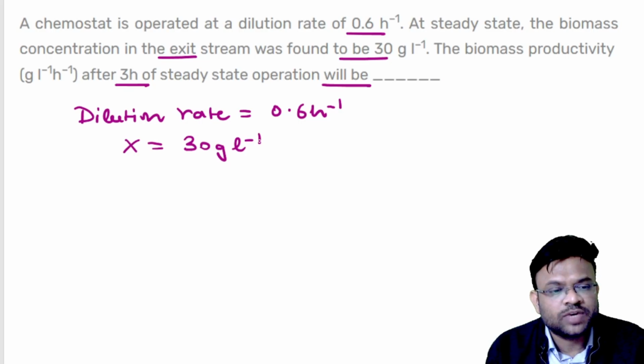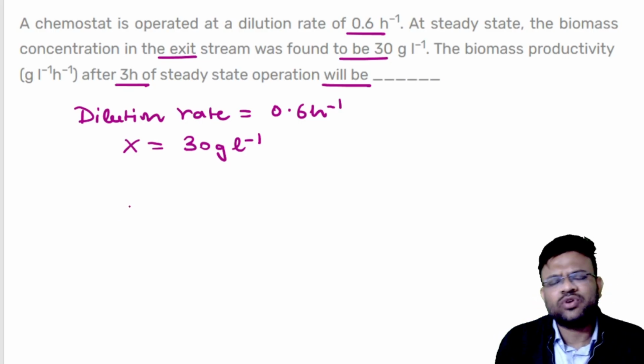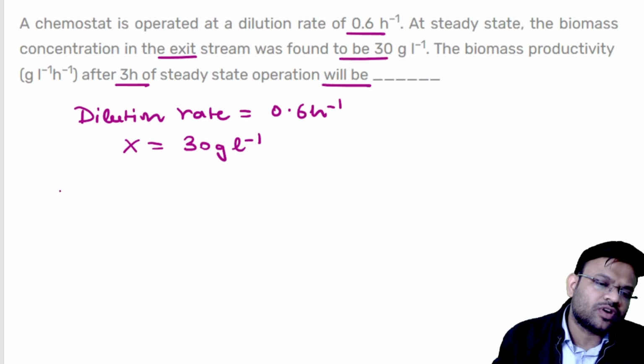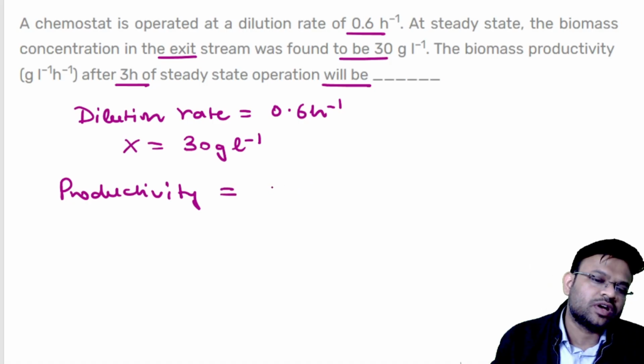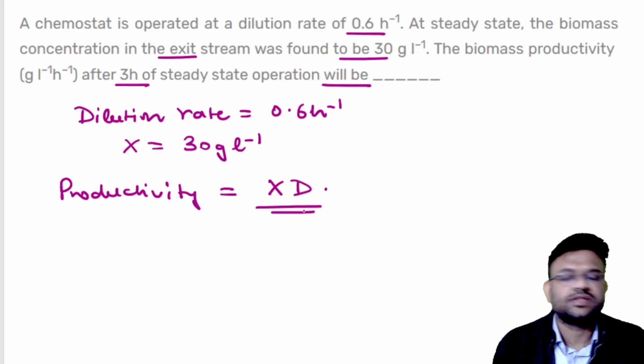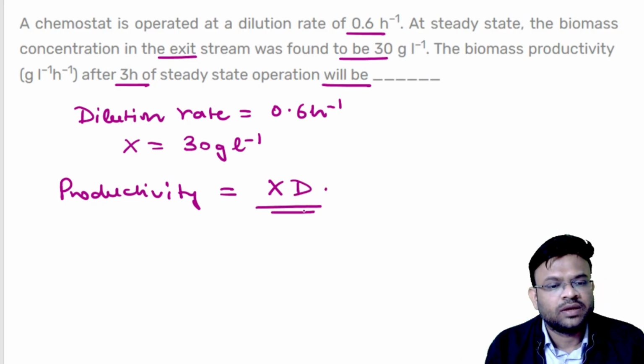Now the biomass productivity, you should be knowing the productivity has a very simple formula. A lot of times the questions on productivity are asked. Simply always remember, productivity would be X into D. This productivity would be per liter per hour.